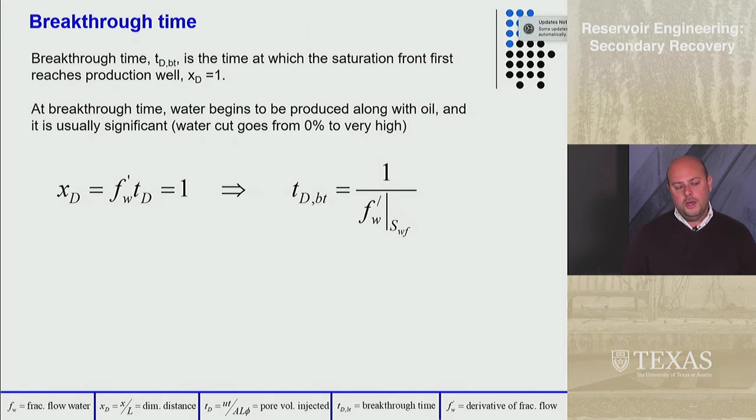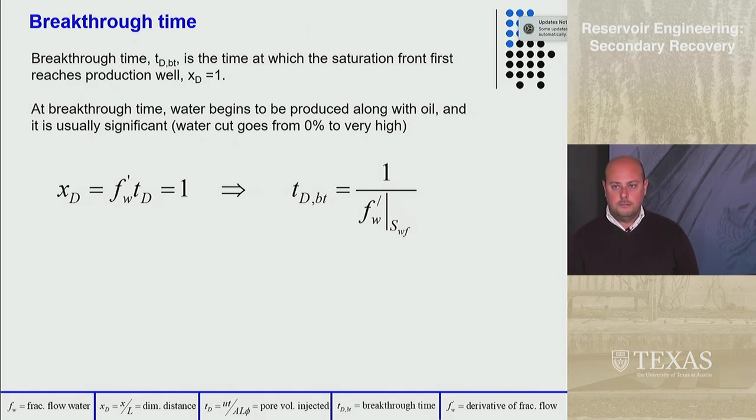If we use our equation that XD is equal to FW prime times TD, and we recognize that we are interested in the producer well, where XD is equal to 1, then we can set FW prime times TD equal to 1. And then the breakthrough time is equal to 1 over FW prime at the waterfront saturation.